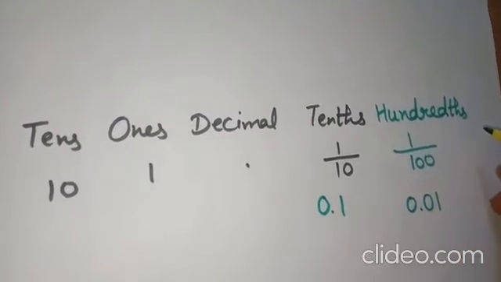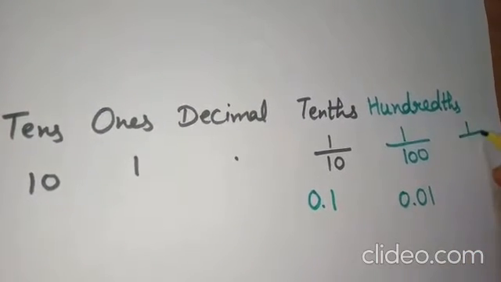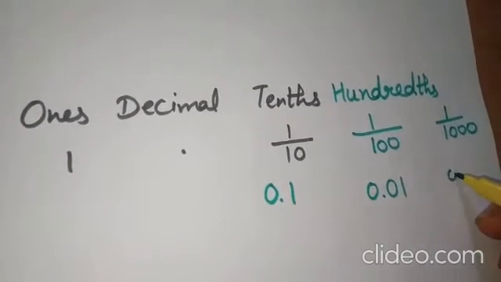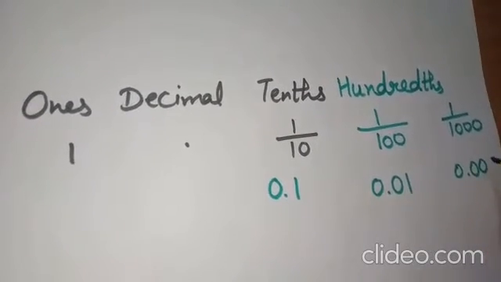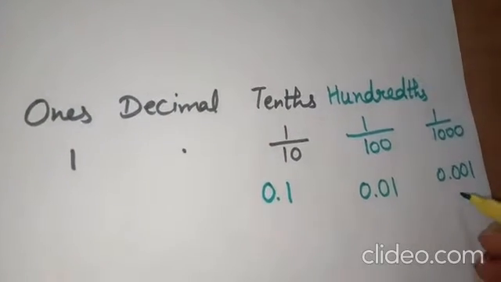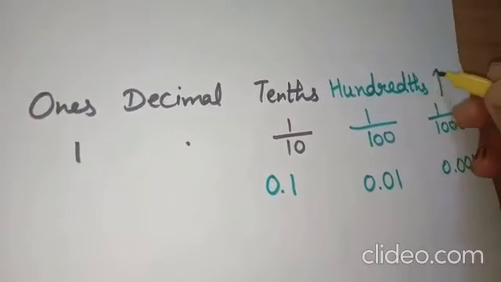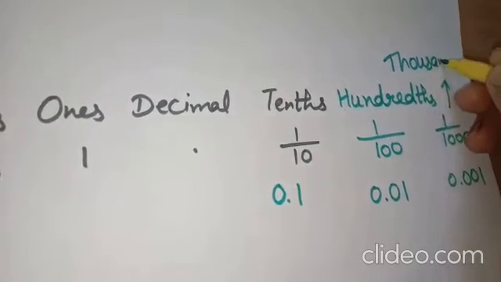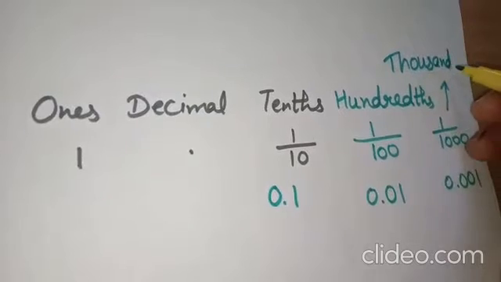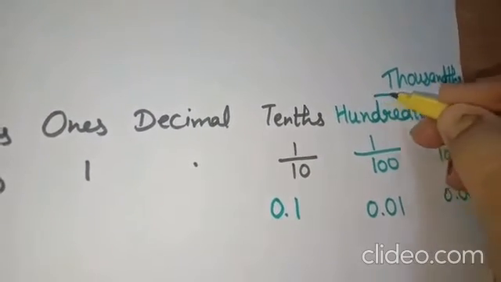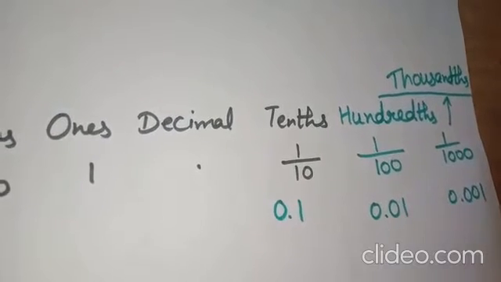Okay, if we again divide the number by 10, it becomes 1 by 1000 and it will have the third place after the decimal, that means 0.001, and this place is called thousandth. THOUSAND, as we wrote thousand earlier, THS, the place is thousandths.